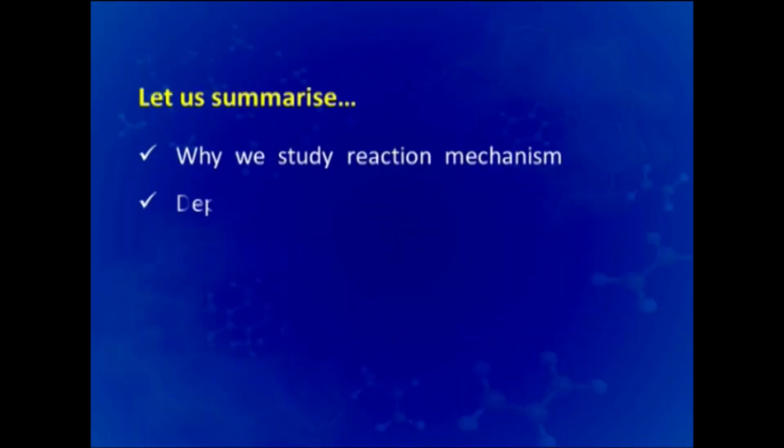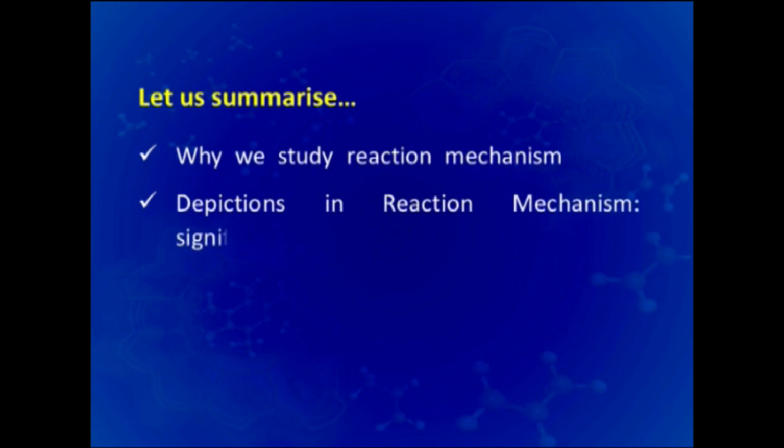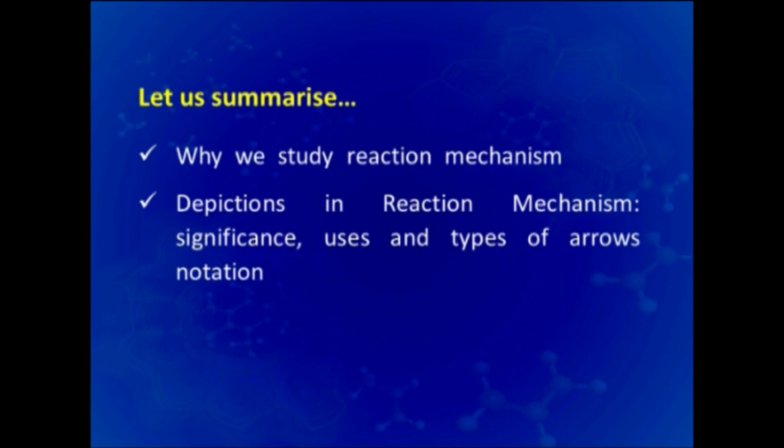Then of course we saw some of the very important depictions in reaction mechanism, that is the arrow notation, and what is the significance, the use, and what do they exactly depict while we are explaining the course of a reaction. And then the most crucial part of organic reactions is the reagent which is used to accomplish an organic reaction, that is the reagents.